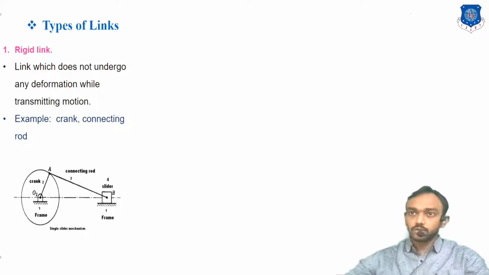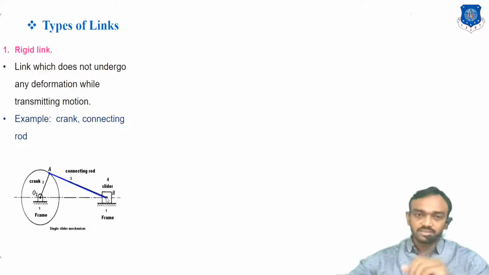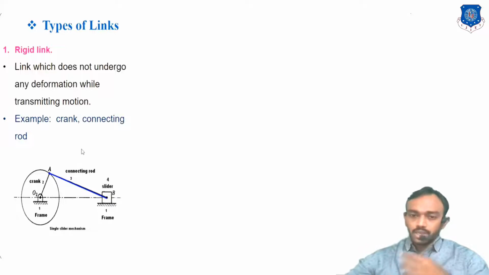Rigid link means there is no deformation, but actually in every part there is some minor deformation at some point. It all depends on the force and stresses. Okay, so in actual conditions there is no truly rigid component, there is always some deformation, but it is an ideal link. Ideally we can say this is a rigid link because it transmits the motion with minor deformation which doesn't affect our motion. Okay, so this is the rigid link.